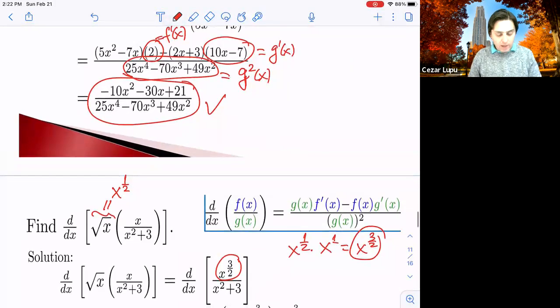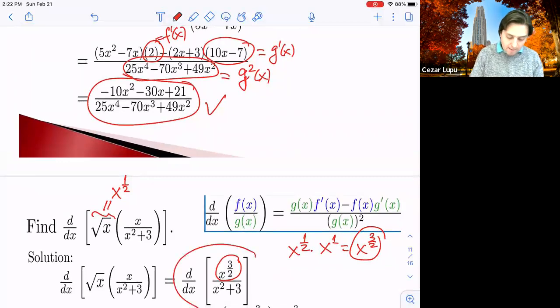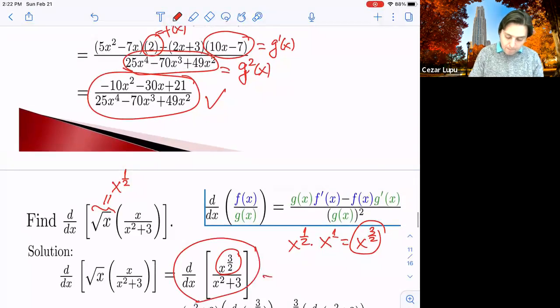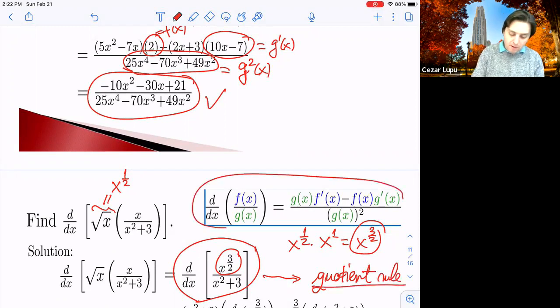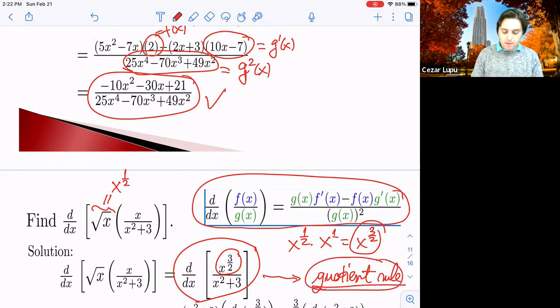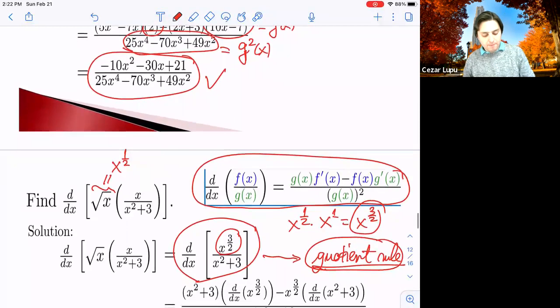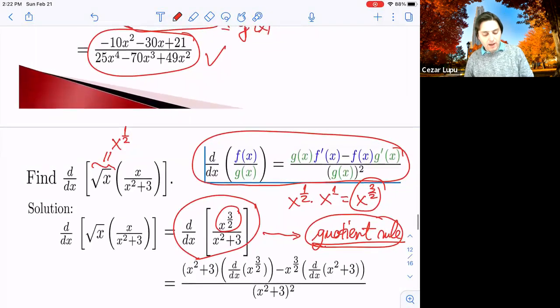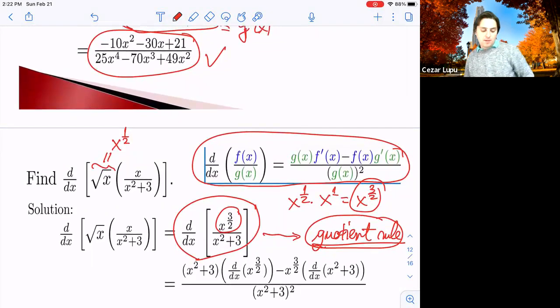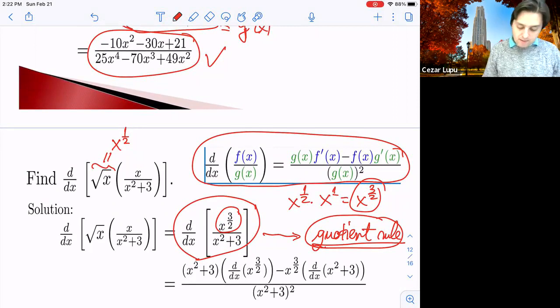Perfect. At this point, we can apply to this guy the quotient rule. Well, beautiful. So this is what you see here, right? This is the quotient rule. All right, beautiful. Let's do it. Once we do this, we have this. First, let me write what you see.